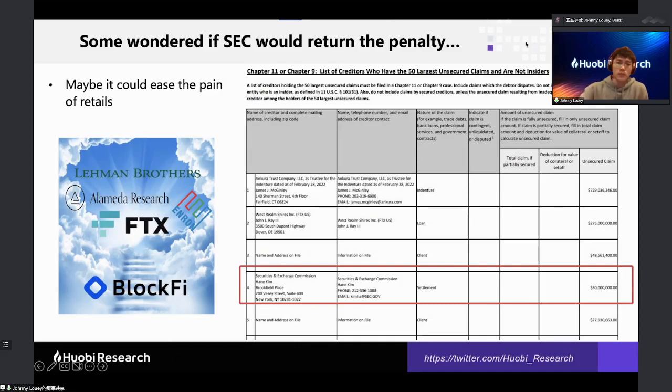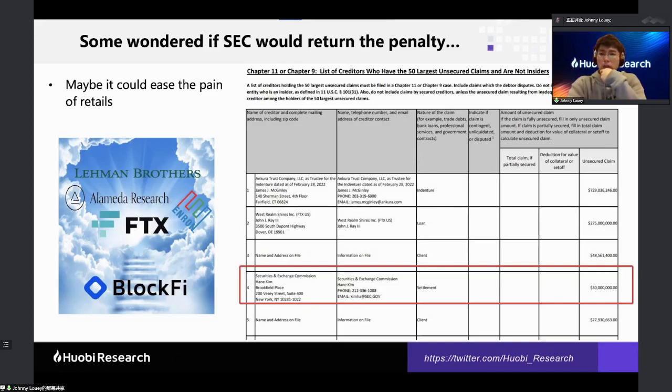Right. Johnny, I got a question. So this settlement was brought by the SEC? Yeah, because back then BlockFi was selling securities.